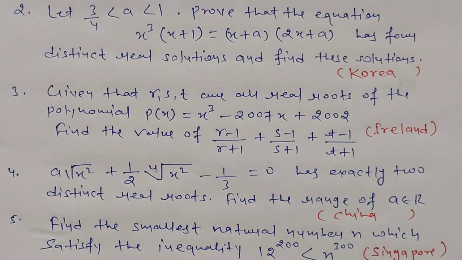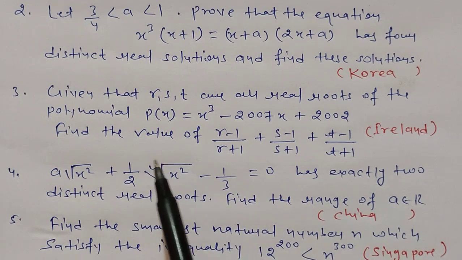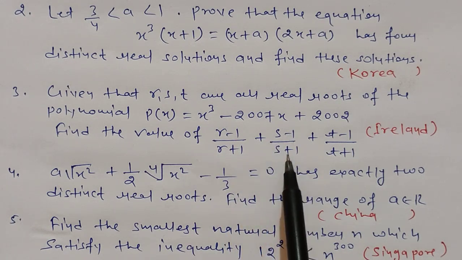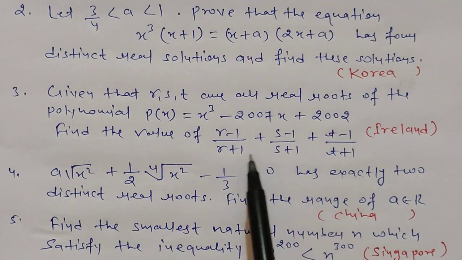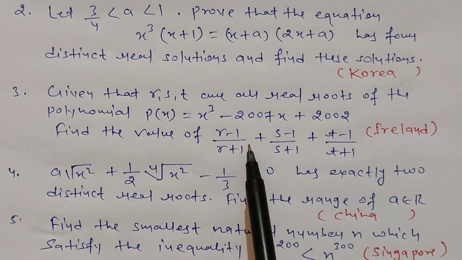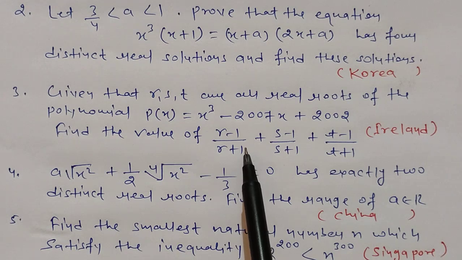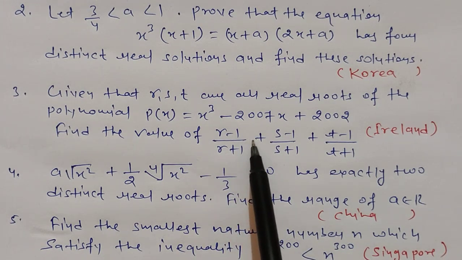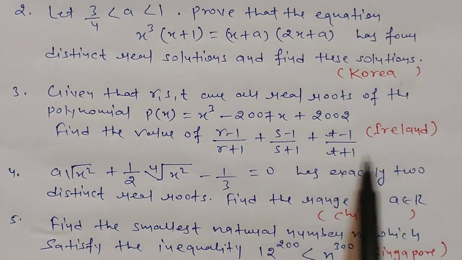To solve this, first of all we have to see that the given expression, (r minus 1)/(r plus 1) plus (s minus 1)/(s plus 1) plus (t minus 1)/(t plus 1), we have to transform by using the addition of 1 in all the terms.